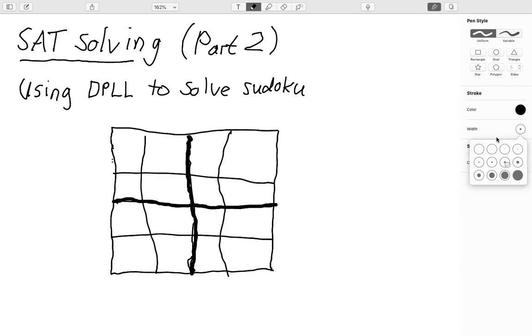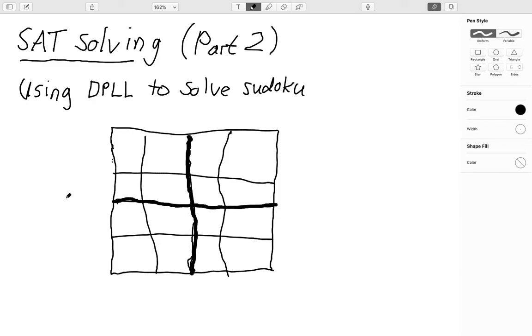Let's set this back so we've got a decent pen width. That's still a bit too thick. I think this one is the one we want. Let's rub those two off.